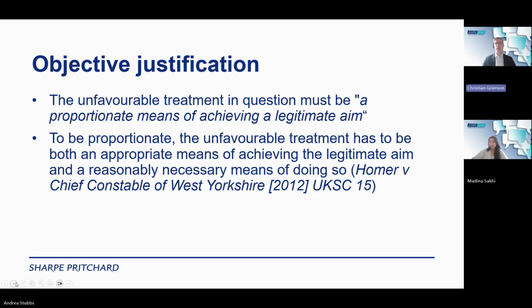Now, if we take the example of sickness absence, if this objective justification defense wasn't available, then in effect, a basic interpretation of the law would mean every time you dismissed an employee for sickness absence connected to a disability, that you would be discriminating against them under Section 15.